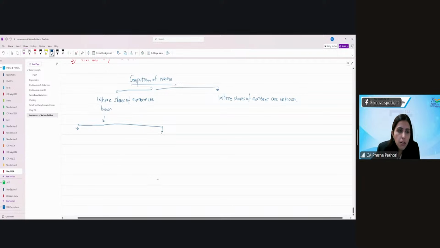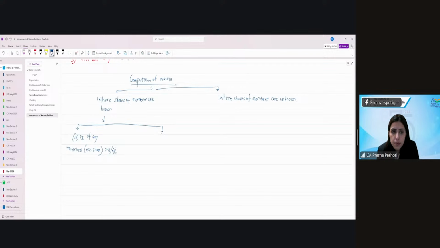The total income of any member, excluding his share of the AOP or BOI, is greater than the basic exemption limit.